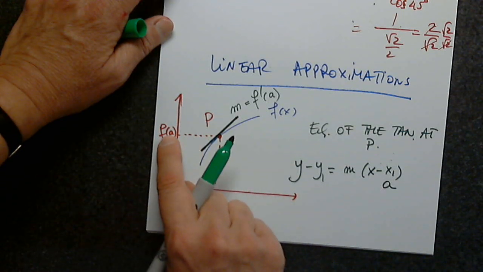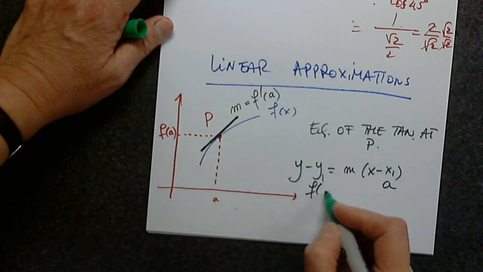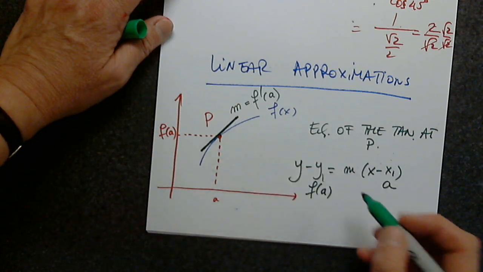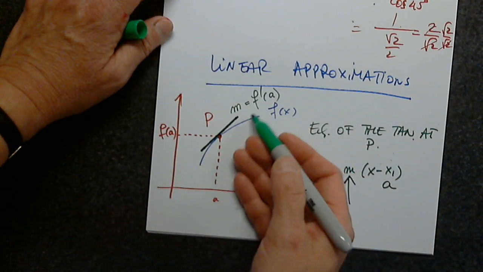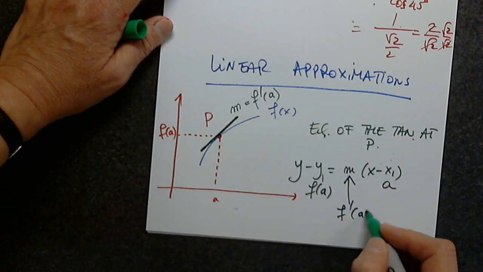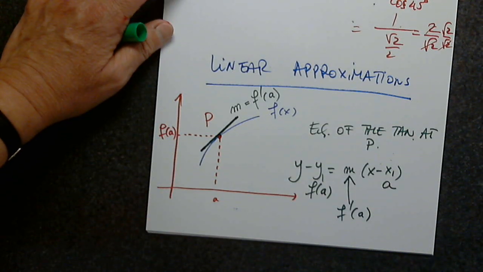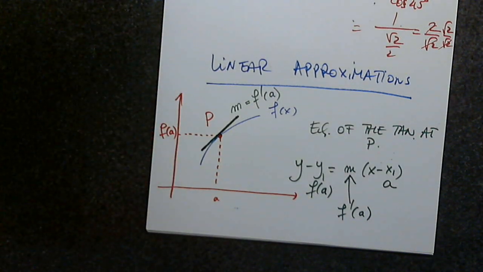You're going to say that y1 is f of a. And of course, you're going to say that the slope of the tangent line is exactly what you gave me, f prime of a. Nothing. I didn't do anything that we haven't used before. This is no news, correct?